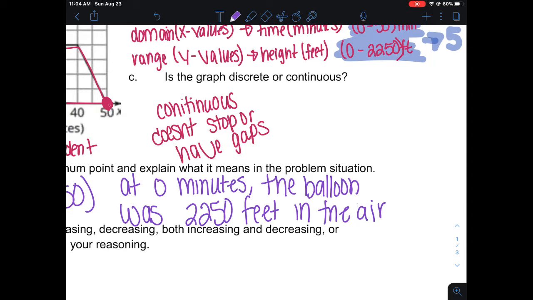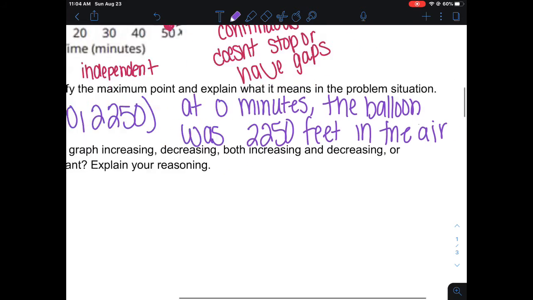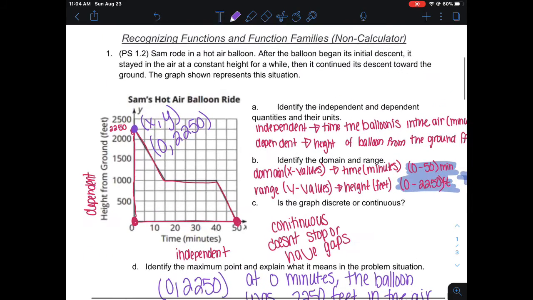And then this last part, so many opportunities for a 5 on this part E. Is the graph increasing, decreasing, both increasing and decreasing, or constant? Explain your reasoning. Well, this problem actually told us exactly the answer for this one. So Sam rode in a hot air balloon.